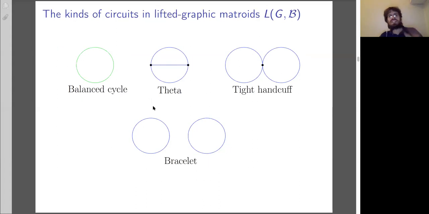Right, so first of all, for lifted graphic matroids, because all of these kinds of edge sets are finite, it's fairly straightforward to show that you get a corresponding finitary matroid if you have a suitable collection of cycles satisfying the theta property.